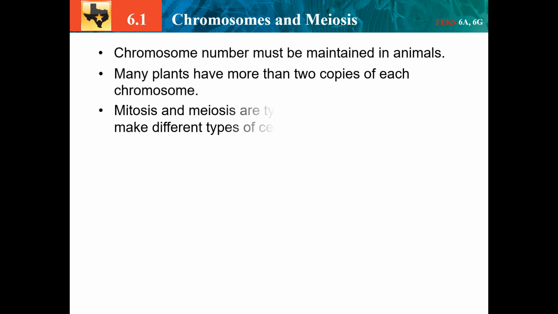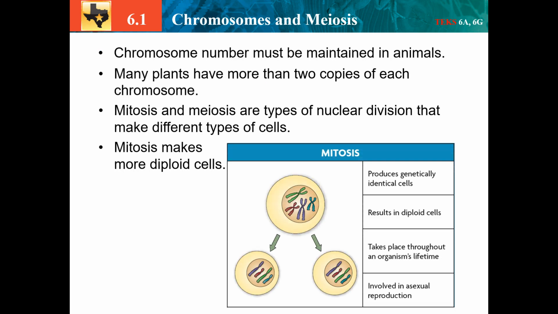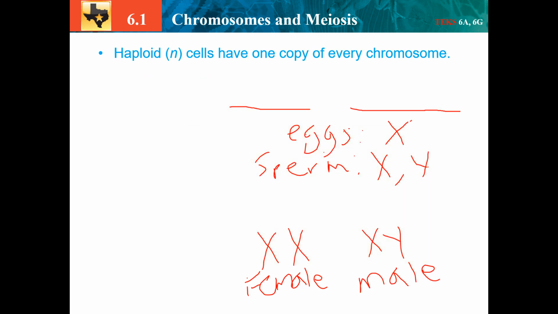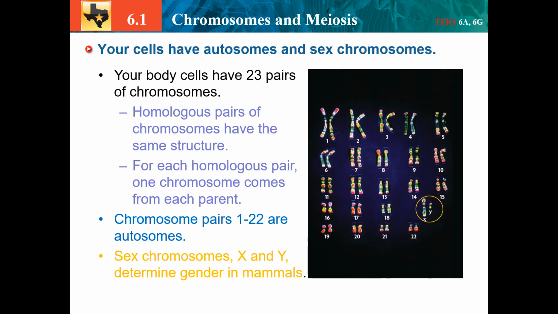Going on. It's really important that the chromosome number is maintained in animals. If you want to have a healthy animal, you have to have 23 pairs of chromosomes, meaning that the sperm cell and the egg cell each have to have 1 copy of all 23 of these chromosomes.